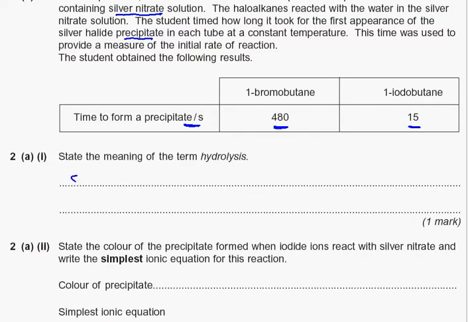It's the splitting of, in this case, the carbon-bromine bond. I picked bromine because I felt like it.